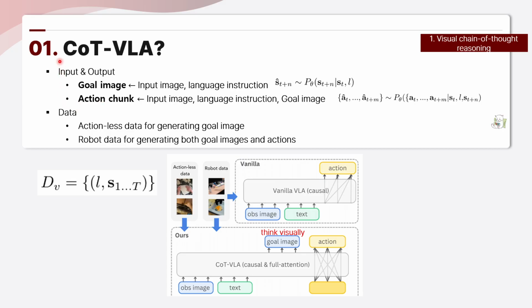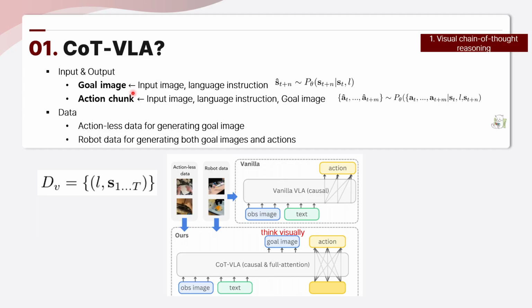Traditionally, CoT, the chain of thought method, is used to improve the performance of LLMs. Inspired by this idea, the CoT-VLA framework was introduced. Specifically, the framework creates subgoal images to support visual reasoning.